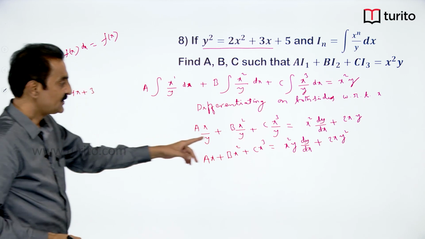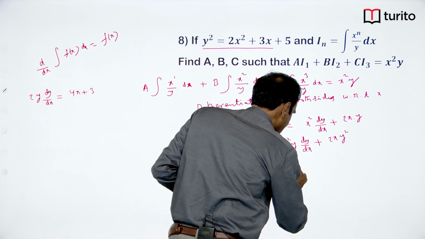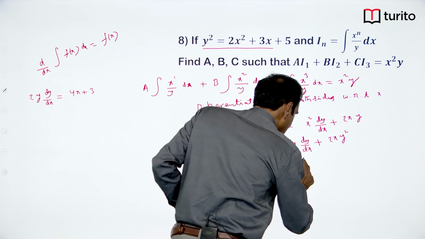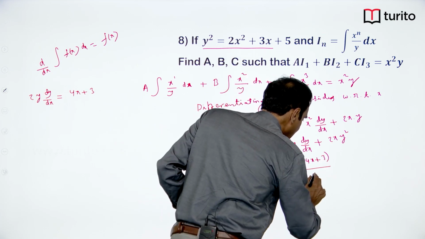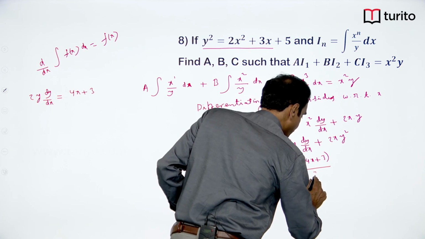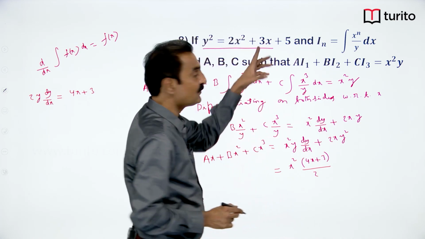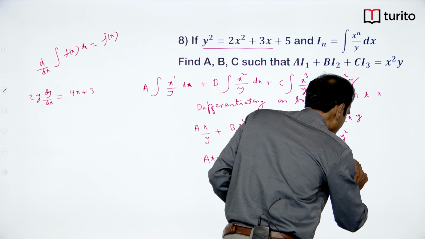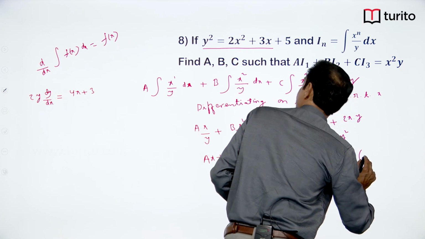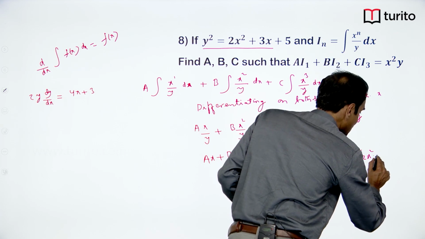So, substitute here y dy by dx is 4x plus 3 by 2, and here we can directly substitute y square: plus 2x into y square is 2x square plus 3x plus 5.